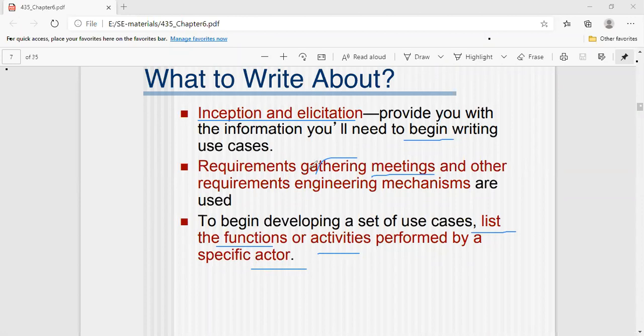Now if you are going to represent an actor's role, what are the functions and activities performed by that actor? Suppose you take the ATM machine, what is the first task performed by an actor? The actor is a customer here, isn't it? What is his first action?